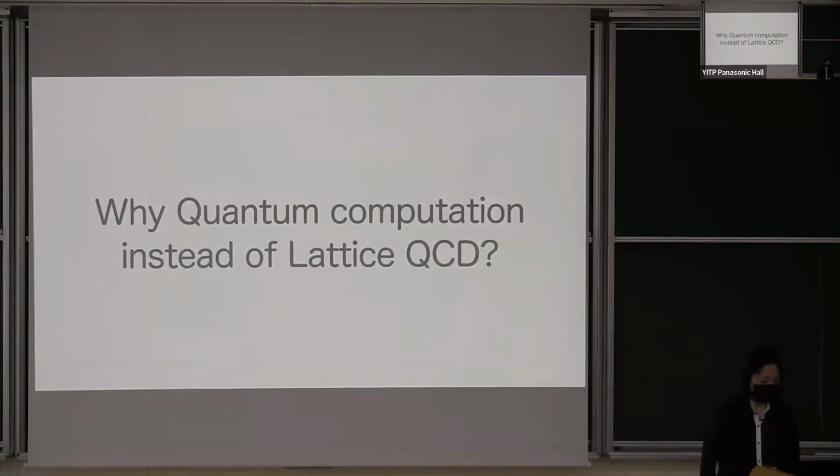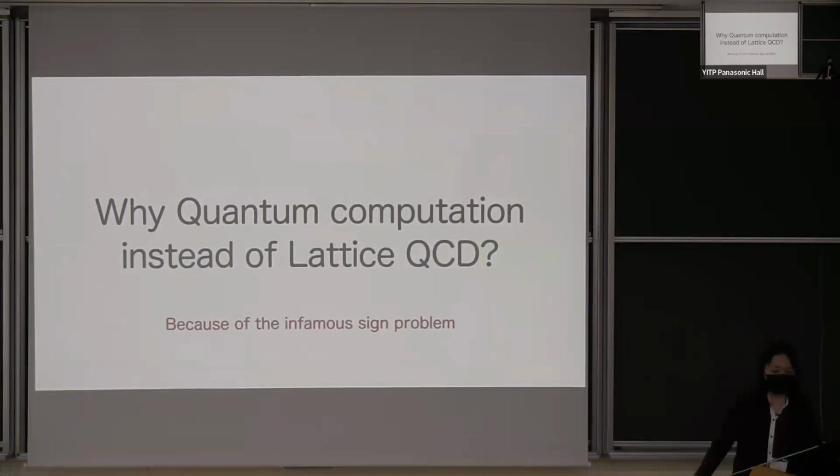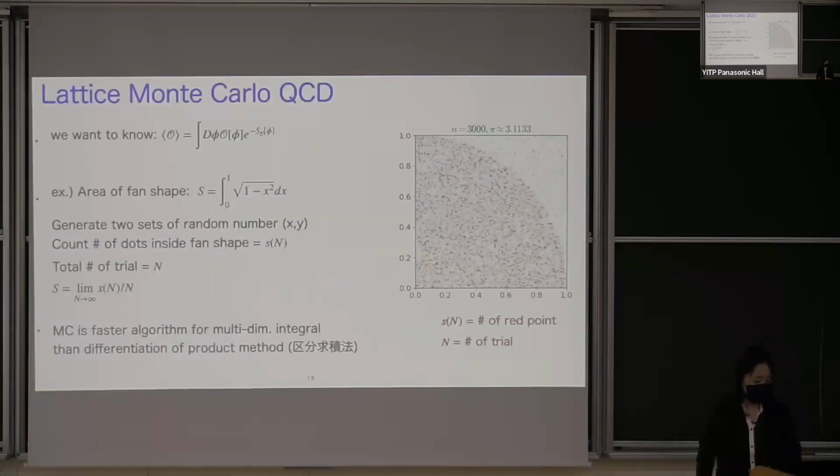Okay, and the answer is simple: because there is an infamous sign problem in some cases. To explain my motivation in detail, let me start with very elementary things. So what is lattice Monte Carlo QCD?